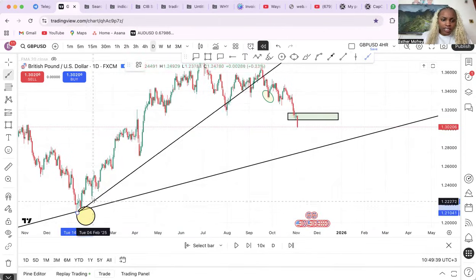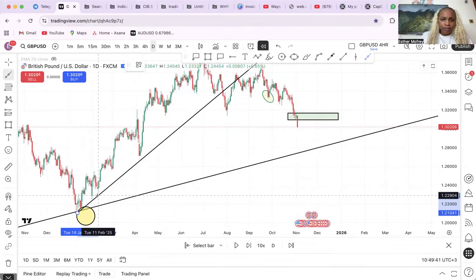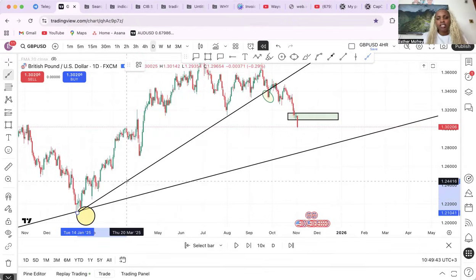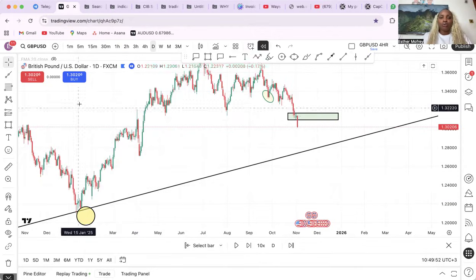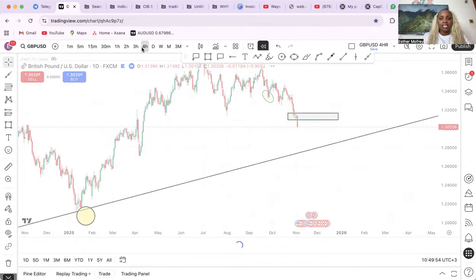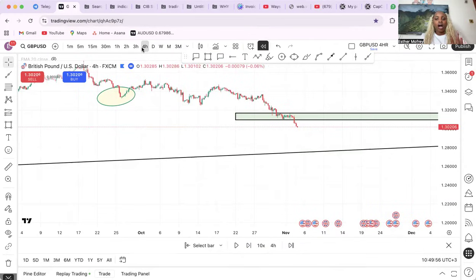Even if I connect these two lines like that, it's giving me the vibe it has broken. So between the trend line and the CIB, they are all suggesting I should sell. Now, let's go to 4 hours to understand: are we selling or are we buying?